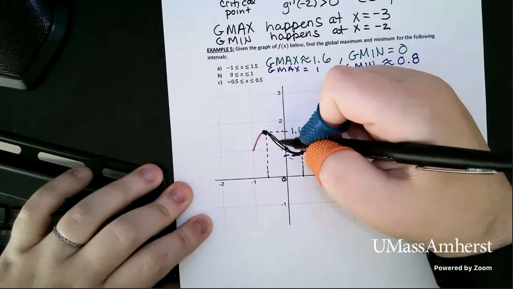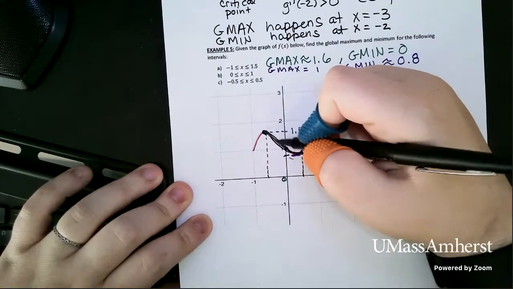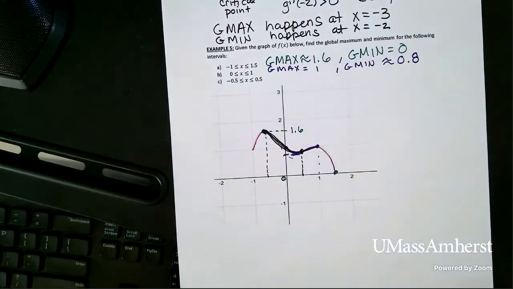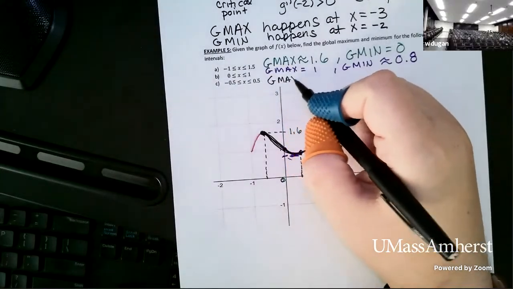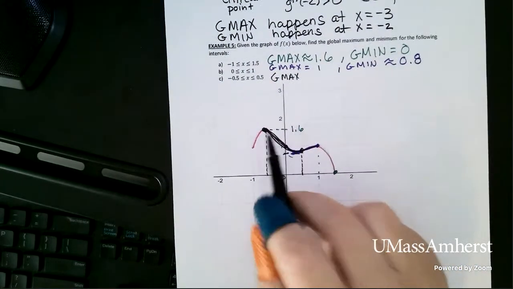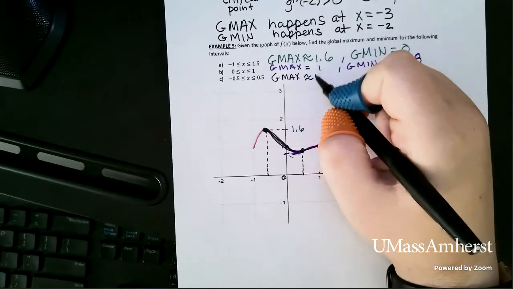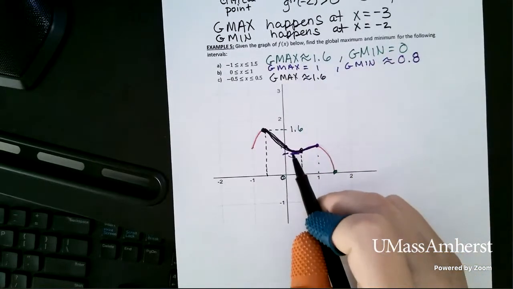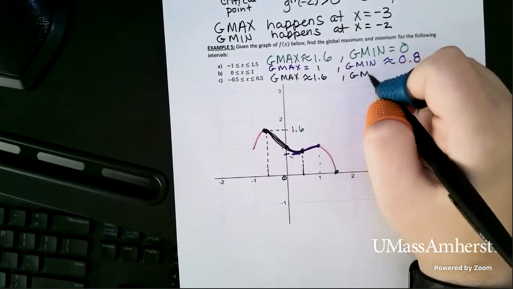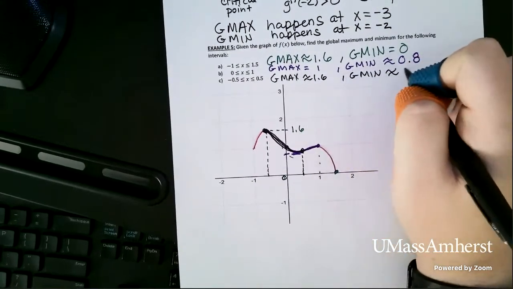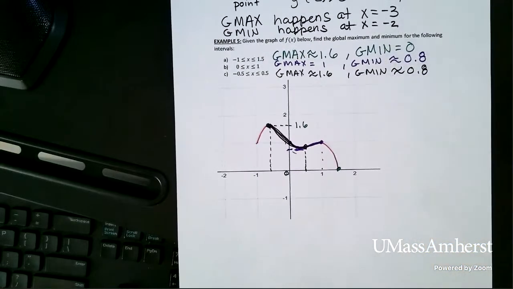So we're looking at this interval right here. Okay, so the global max is the same one that I think I saw over here, which is approximately 1.6. And the global min happens again at this little divot from the last one, which I said was approximately 0.8.